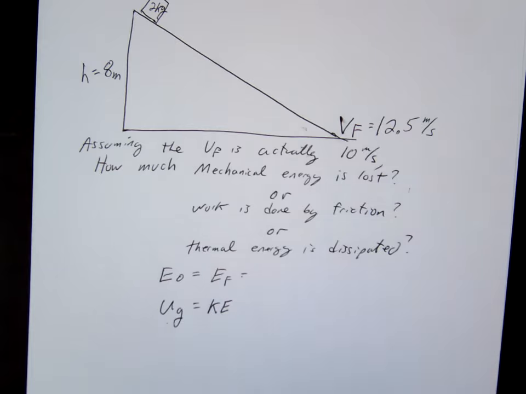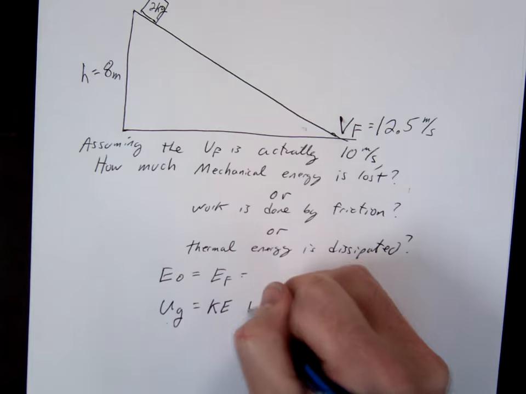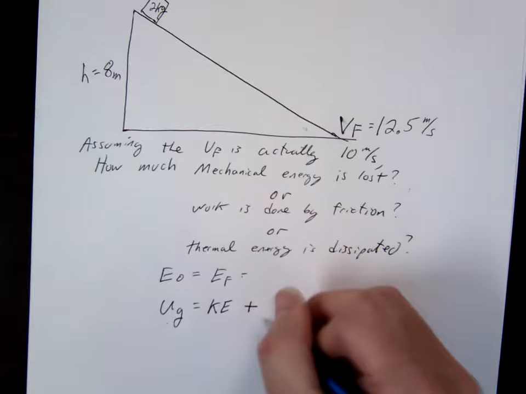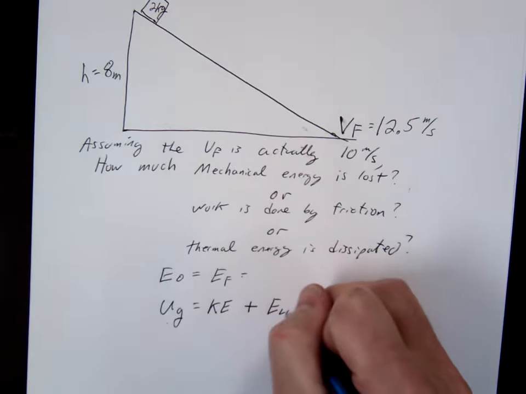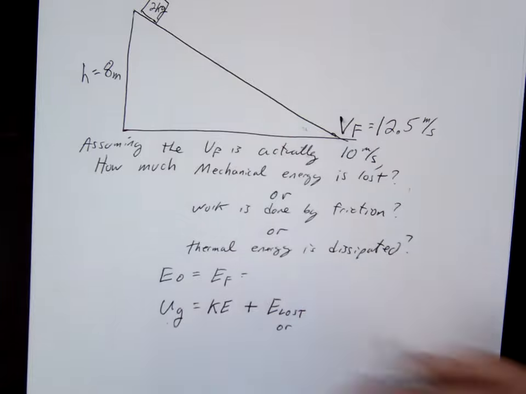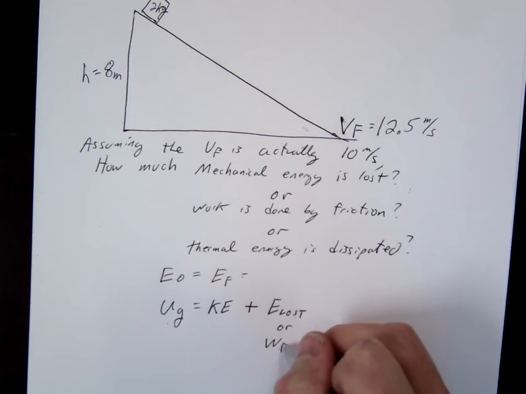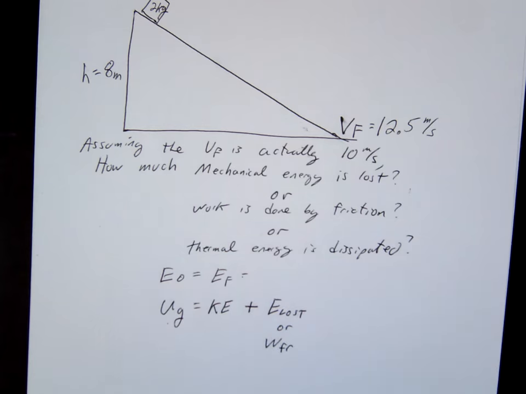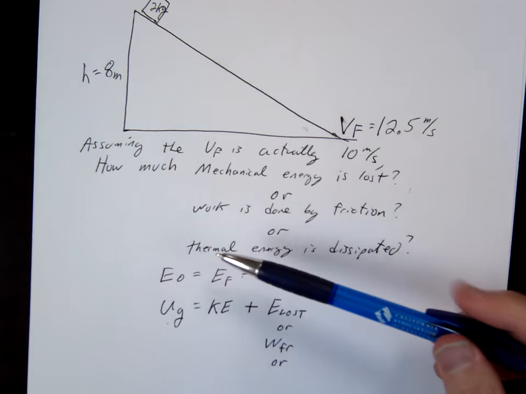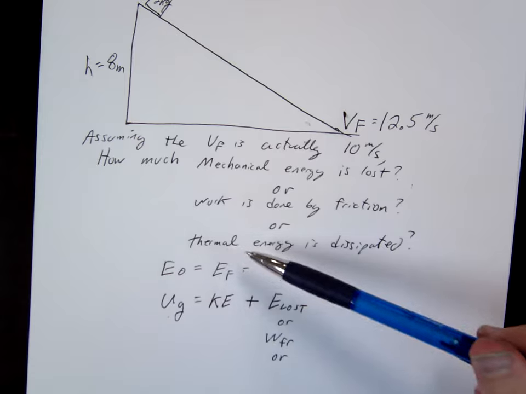So we're just going to add a term here. We'll say plus, so we're going to start with a certain amount, right? It's going to turn into kinetic, but there's going to be something left over. So you could add whatever you're going to call this. You could call this E lost, or we could call this work of friction, or, remember the symbol that you used back in chemistry for heat energy, thermal energy?